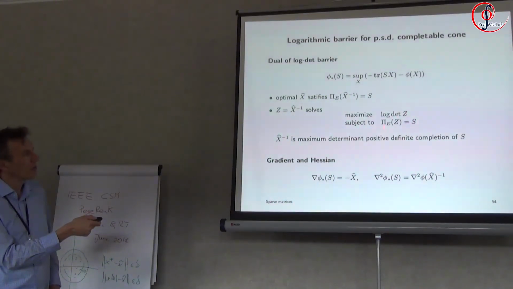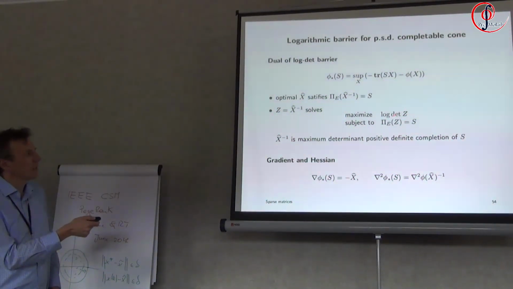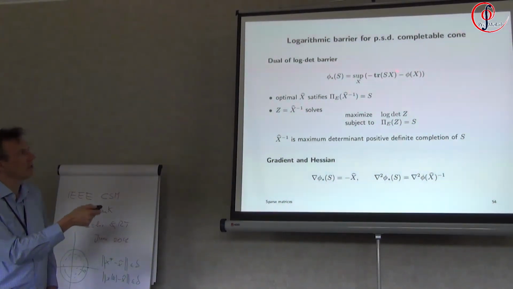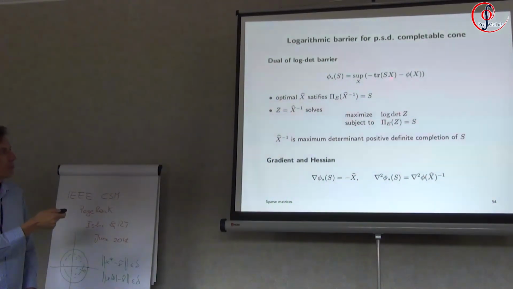In the dual problem, you find the maximum determinant positive definite completion of that matrix, which gives you a completion Z. The inverse of this Z is the X that maximizes this, from the optimality conditions. But in practice, you would like to compute X and not Z, because X is a sparse matrix and Z in general is completely dense.